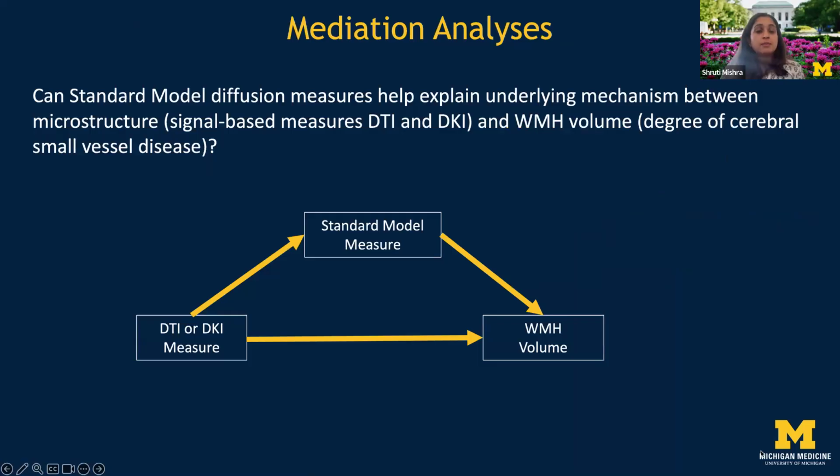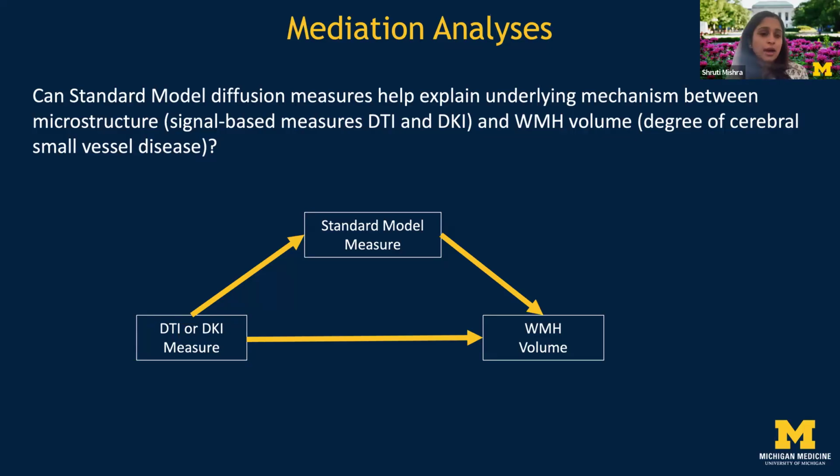We then did a set of mediation analyses. Here we were operating under the understanding that these standard model diffusion measures are potentially more specific to the underlying mechanistic change.